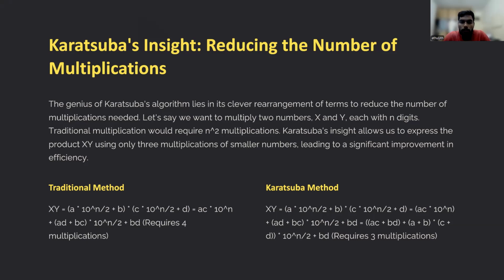Let's say we want to multiply two numbers x and y, each with n digits. Traditional multiplication requires n squared multiplications. Karatsuba's insight allows us to express the product xy using only 3 multiplications of smaller numbers, leading to a significant improvement in efficiency. Example: traditional method and Karatsuba method.